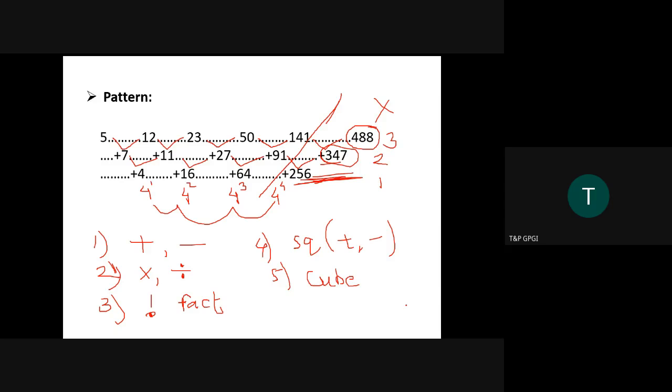Okay, these are the four steps that you can go for checking the right pattern.